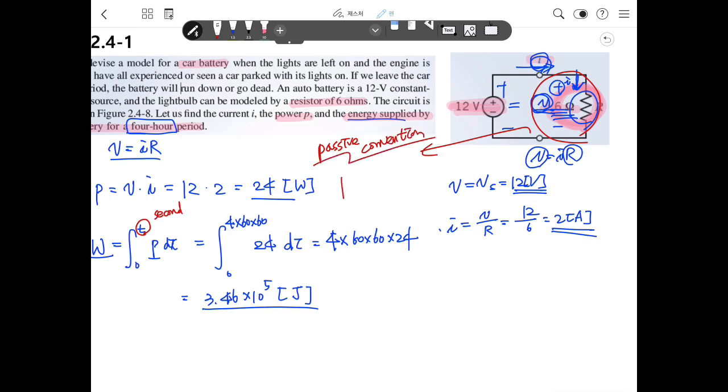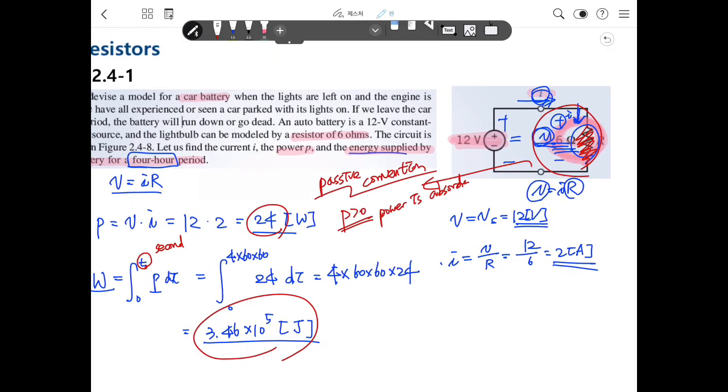In this case, P positive means power is absorbed. So 24 watts is absorbed by this resistor, and this energy is absorbed by this resistor because we defined the voltage and current reference as the passive convention. Generally, a resistor uses the passive convention.